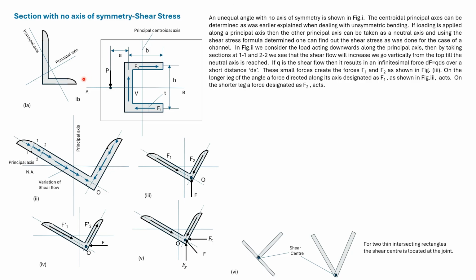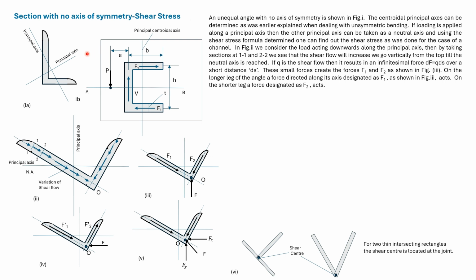Here we look at a channel section which has no axis of symmetry. We'll find the shear center. We'll also determine a process of finding shear stresses. The principal axis that passes through the centroid for this channel can be determined.